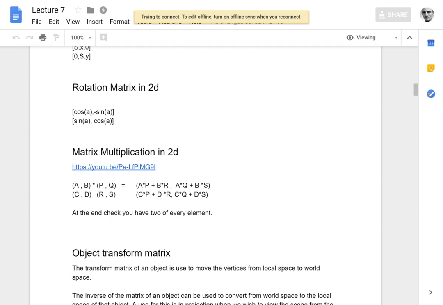You should know this formula: cosine A, minus sine A, sine A, cosine A. It should be there in your memory, and if it's not, it should be there in your book. We looked at matrix multiplication in 2D. It's hard, but I still expect you to do it.